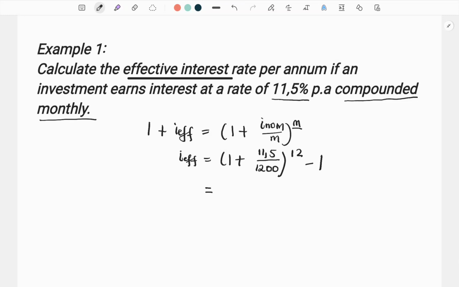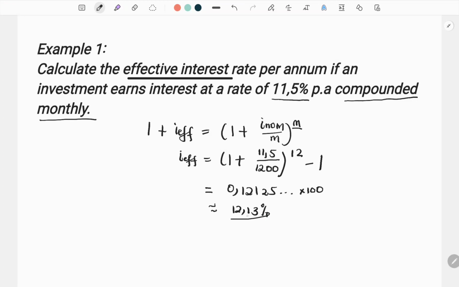Then you punch in your calculator. What is the value there? It's going to be 0.12125 and so on. We don't need this, so you are also going to multiply this by 100 such that it becomes a percentage. Then it's going to be 12.13%.